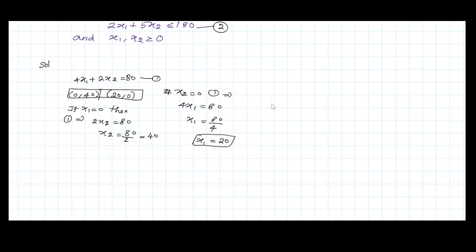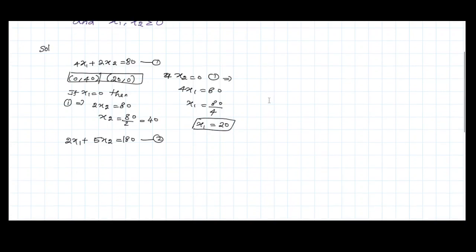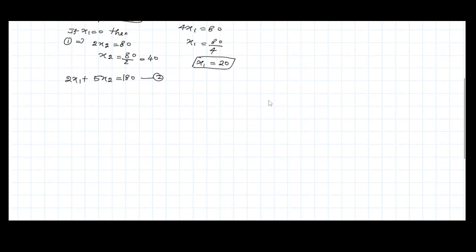Next, let us consider equation number 2 to be 2x1 plus 5x2 equal to 180. Let us find two points on the line using the same process we used in the first case.